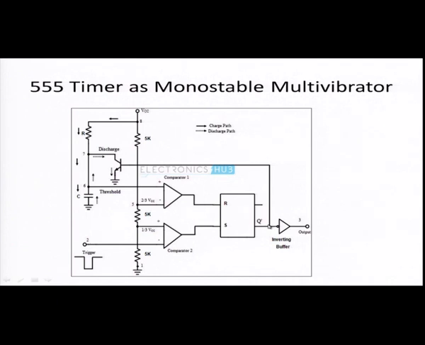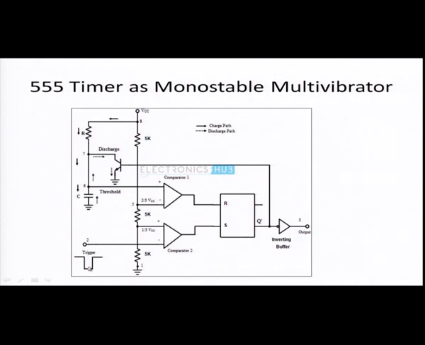This high state makes the transistor on, and this transistor clamps the capacitor and provides the discharge path for the capacitor. Now, the voltage across the capacitor is brought to ground potential due to this discharge transistor.